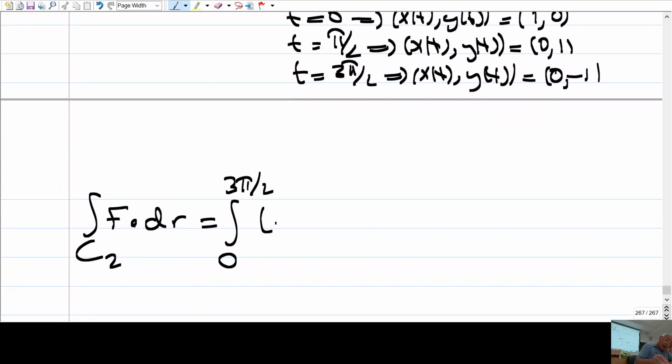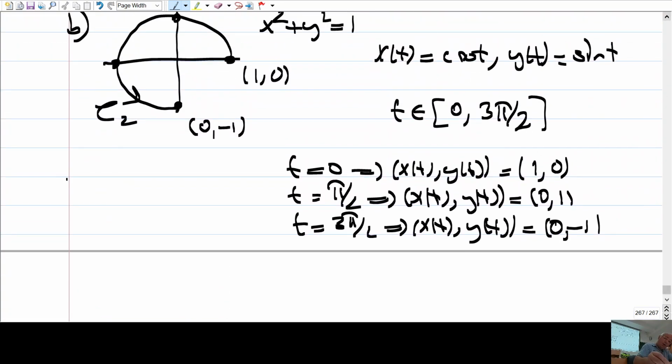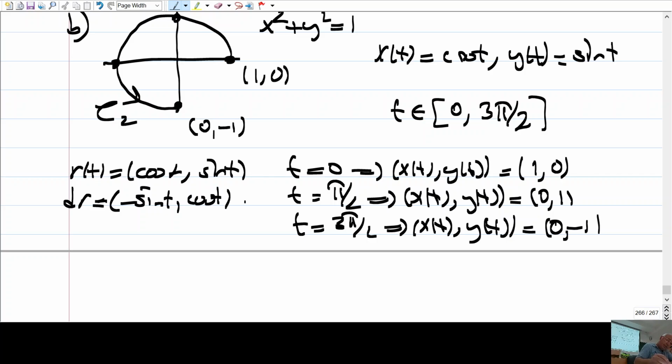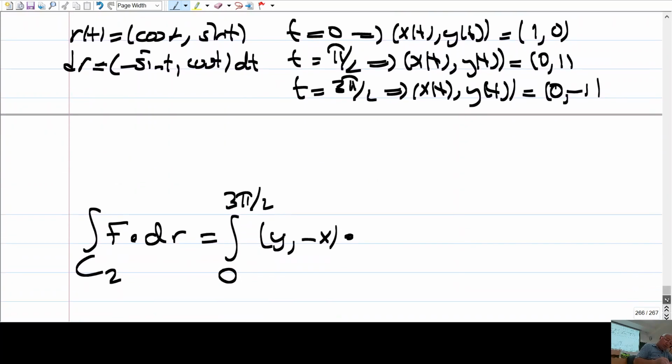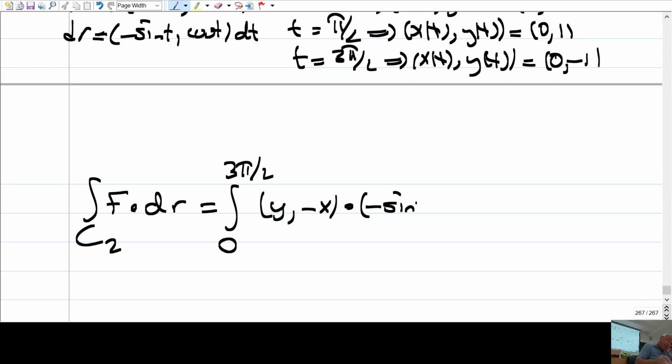F was y comma minus x, and then I have dr. Well, r(t) is cosine t, sine t, so dr is just the derivative of these, minus sine t, cosine t, and then dt.